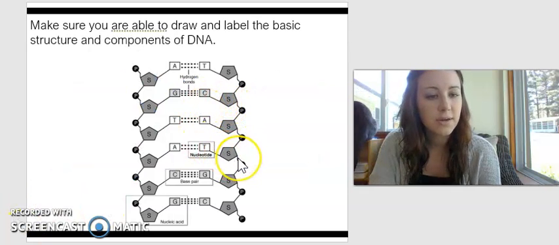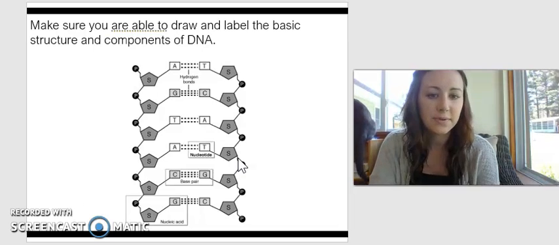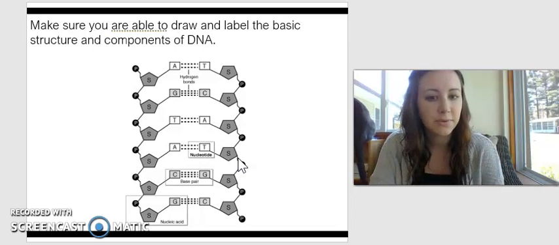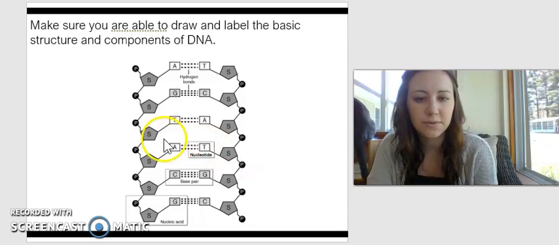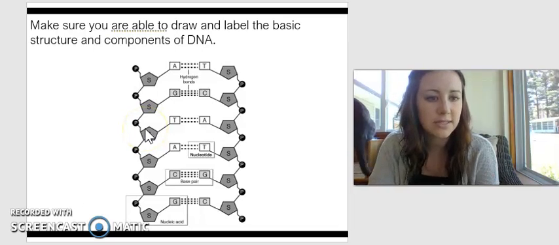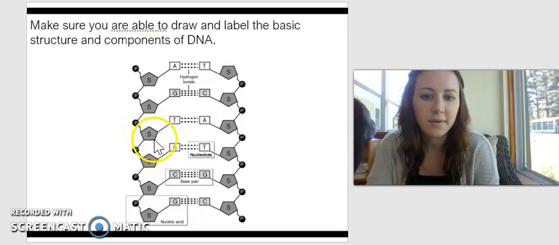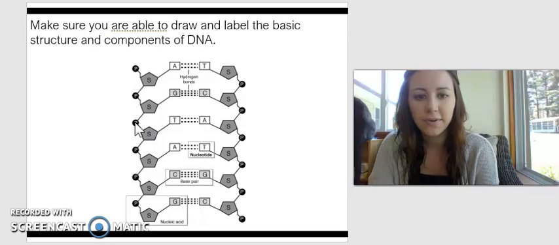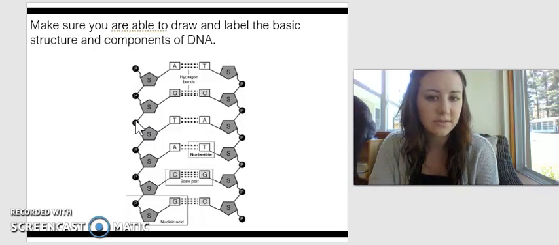And then make sure that you're able to do that. This is something we would be practicing a lot if we were in class together, but just be able to label the parts of the DNA molecule. Like maybe I would, on a test or on your assessment on my WJ, have this S blocked out, and you would have to label that as sugar, the deoxyribose sugar. Or if I'd have this blocked out, you'd have to tell me that that's phosphate.